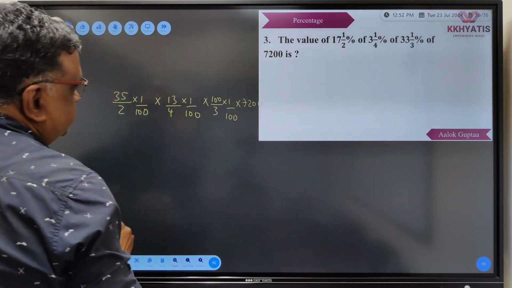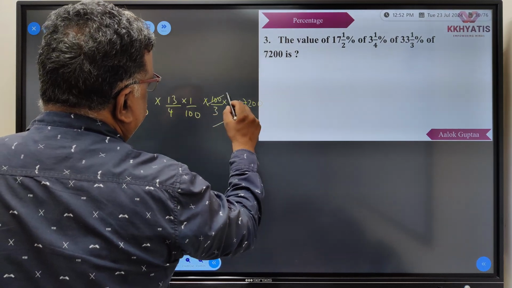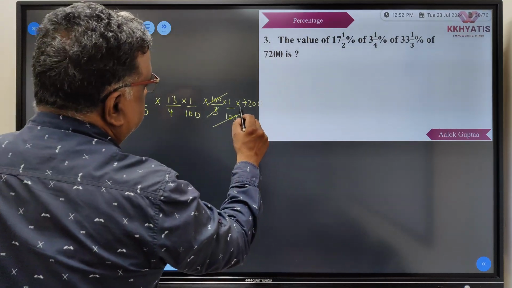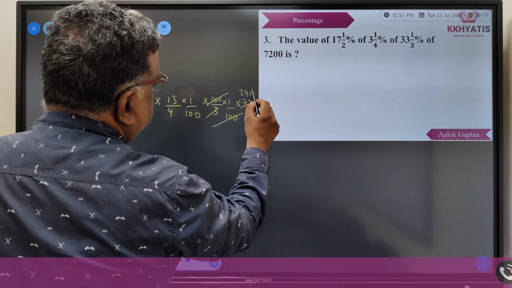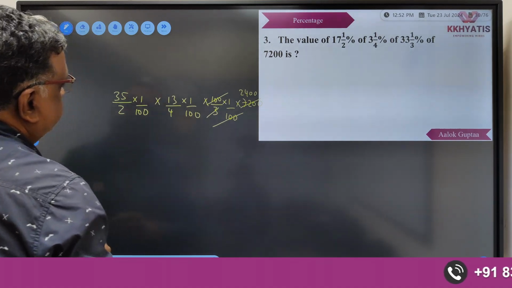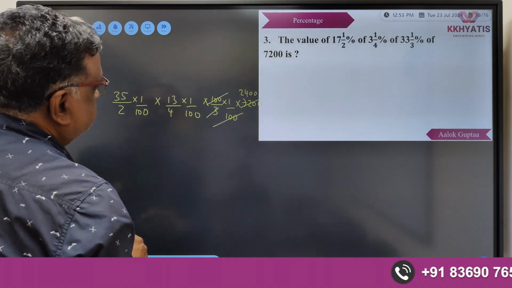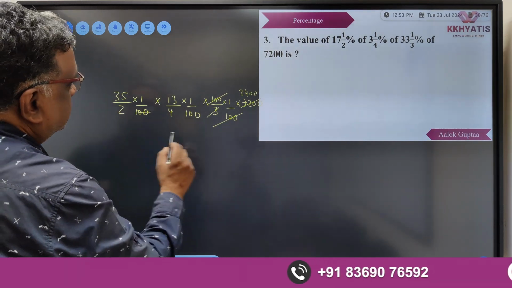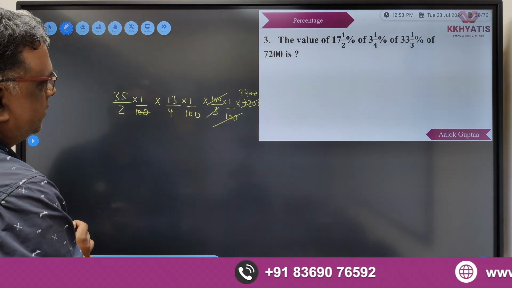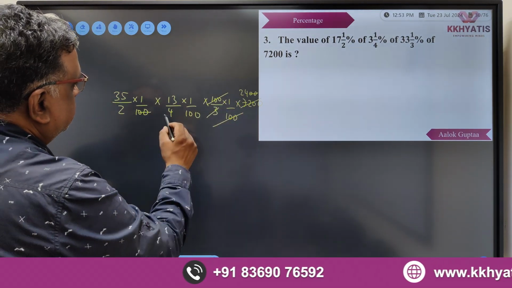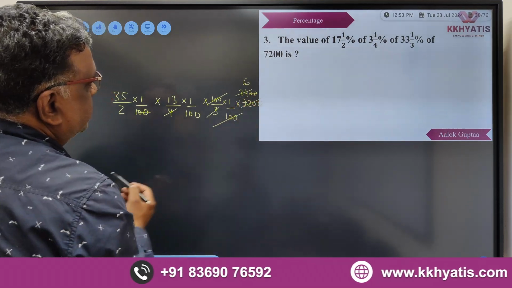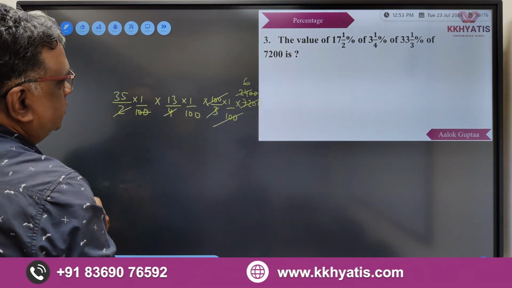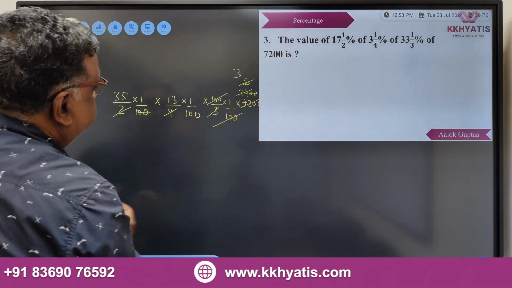I'll go from this side, I will cancel this 100, this 3, 2400, these 2 zeros I will cut here, correct? This 4 I will cut here with 6. This 2 I will cut here with 3.